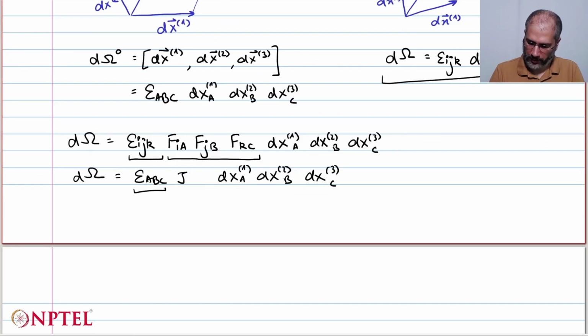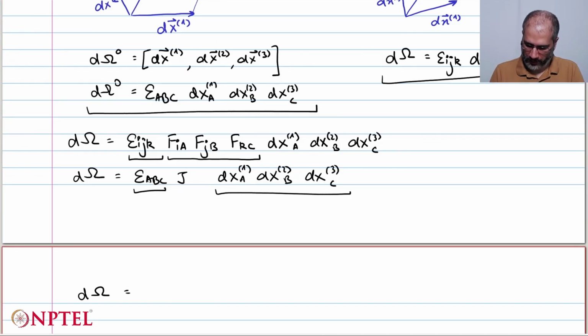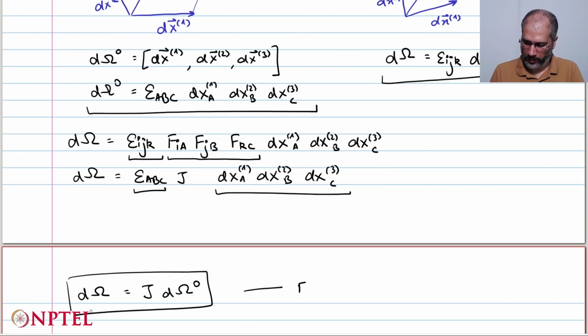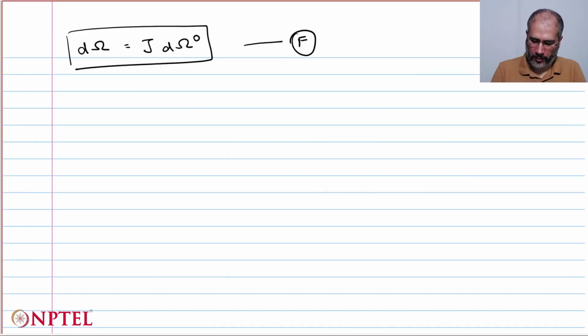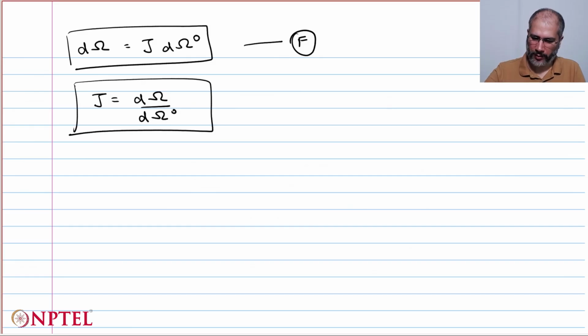And this part is nothing but d omega naught from here. So finally we can write d omega as J times d omega naught. This has to be boxed and we'll call it equation F. Or we can write the Jacobian being the ratio of the volume in the deformed configuration to the volume in the undeformed configuration. So this we'll call F1.